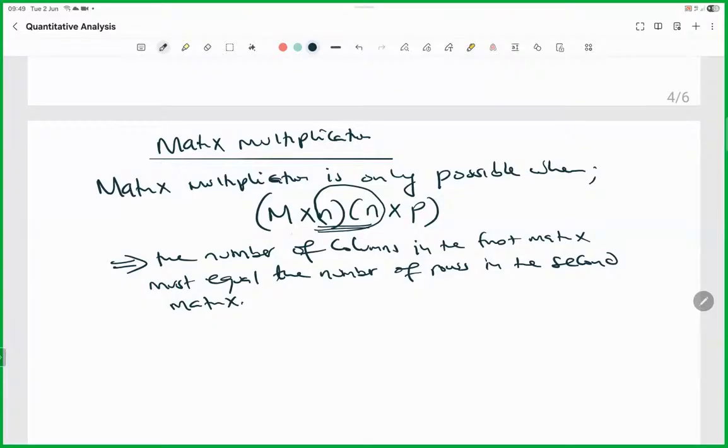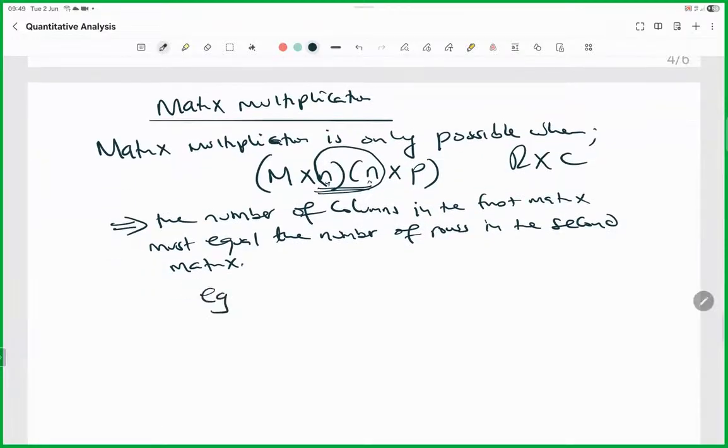See, this is Roman Catholic. I gave you this, Roman Catholic. So the number of columns of this matrix must be equal to the number of rows of the second matrix.